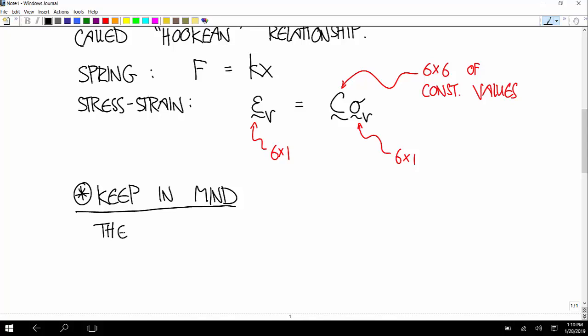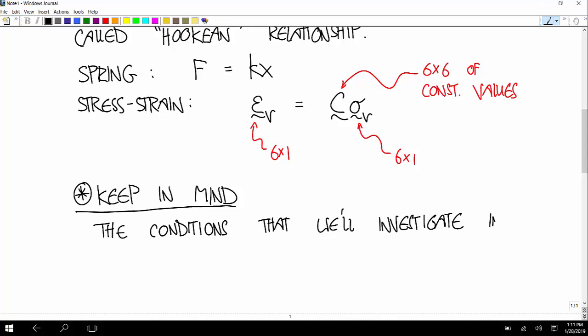The conditions that we'll investigate in this class require small deformations.